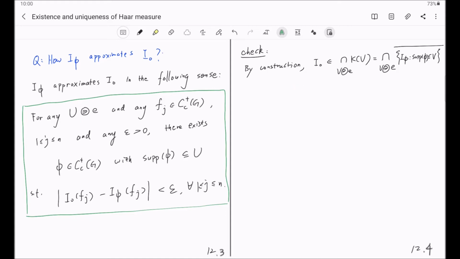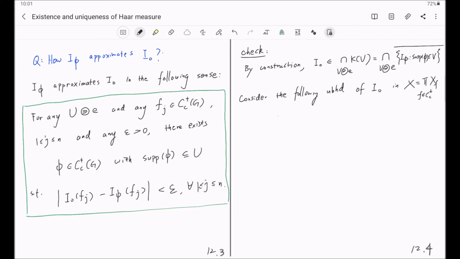Because we are living in essentially an infinite product space, we need to consider, for this purpose, a neighborhood of I naught in the infinite product space. So consider the following neighborhood of I naught in X. This is the infinite product of X sub F's, where F ranges in Cc plus.